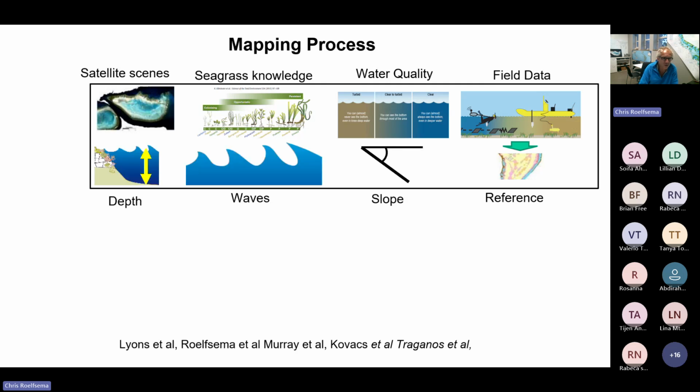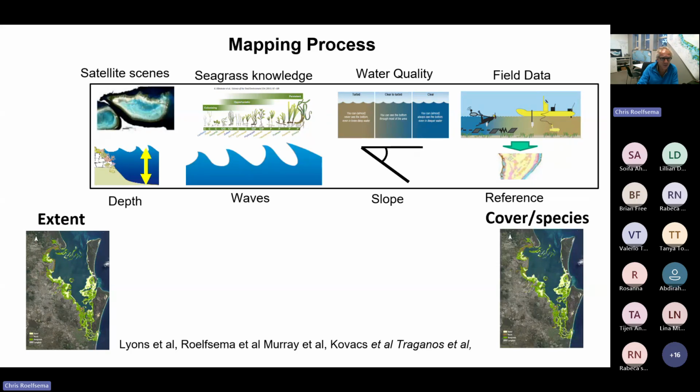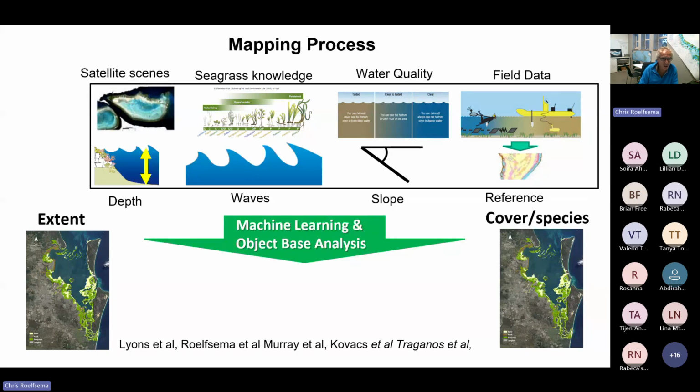And we start to use physical attributes such as depth, waves, and slopes to help feed into our models. That can result in an extent and cross species through machine learning and object-based analysis. And the work by Lyons, Murray, Kovacs, and Traganos are examples of how the mapping process is done.